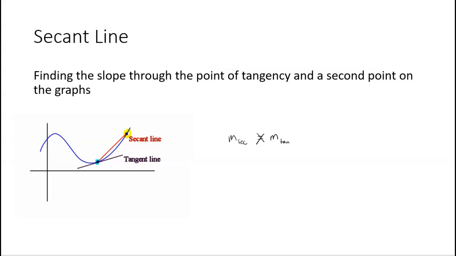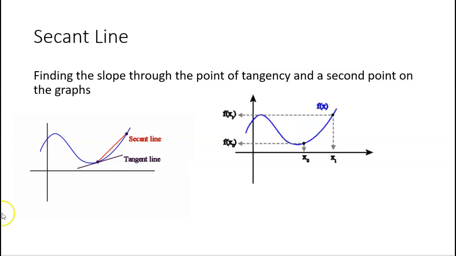But what happens if you moved this closer and closer to this point? So if we made this point here instead, or here, or got super, super close to the point of tangency, wouldn't then the secant line start to look like the tangent line? And the answer is yes. Yes, they would. So I have a little animation that shows this.